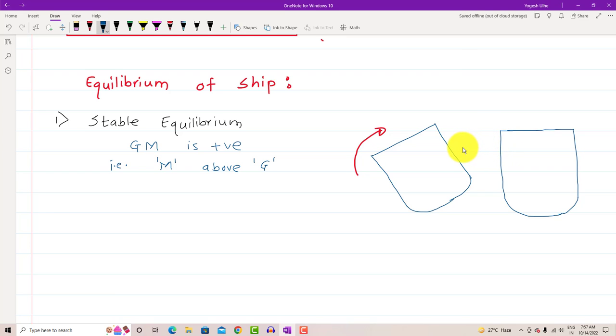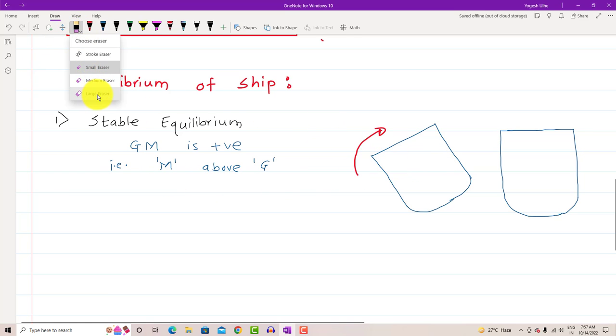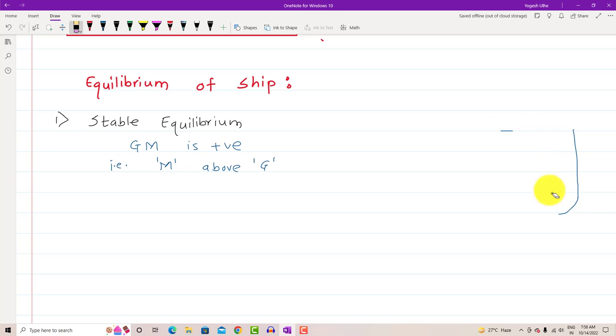If GM is positive, that is, M is above G, then due to bad weather, suppose the ship is heeled by some particular angle, but after some time it will come back to its upright position automatically. This is what we call stable equilibrium. It happens when GM is positive.